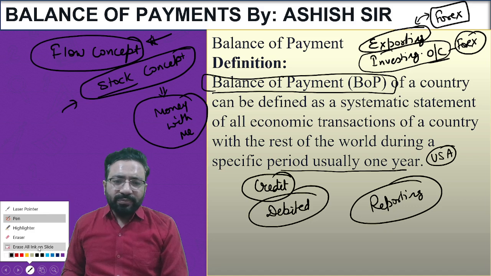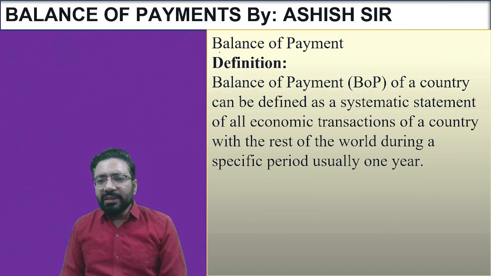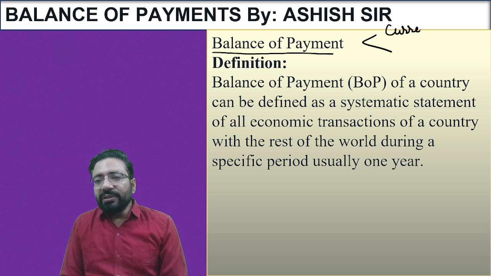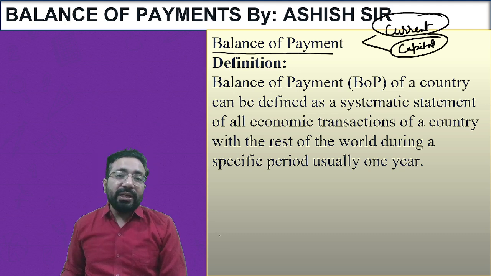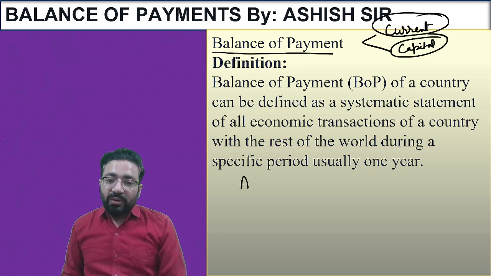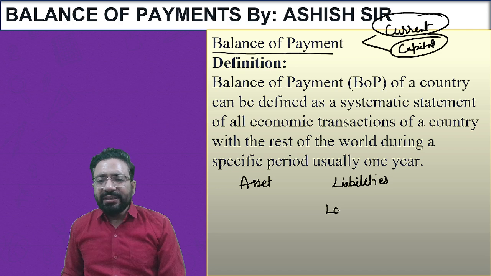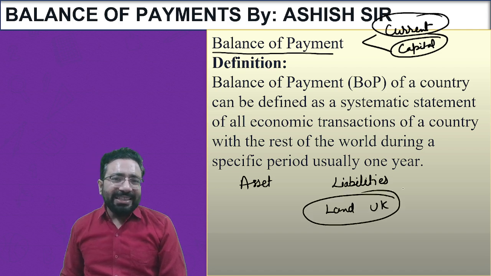Now coming to another aspect of BOP. BOP consists of two accounts, current account as well as capital account. Before going into detail of current account and capital account, you must know the concept of assets and liabilities. Suppose I have purchased land in the UK.